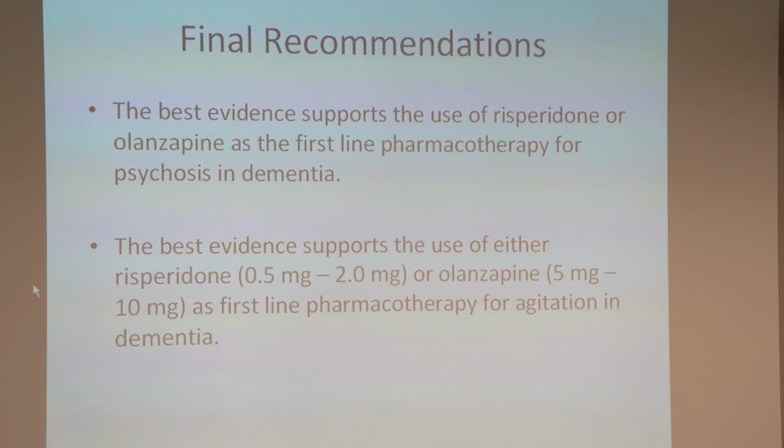Olanzapine, strange. Your best chance of this drug working is with 5 milligrams. 10 milligrams was more effective than placebo, but not to the same level as 5 milligrams, and 15 milligrams was not different from placebo. So that's where it was, 5 to 10 milligrams, and strictly looking at the evidence, your best shot is with 5.